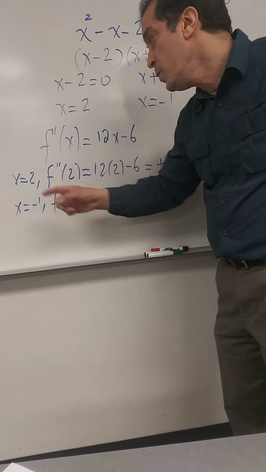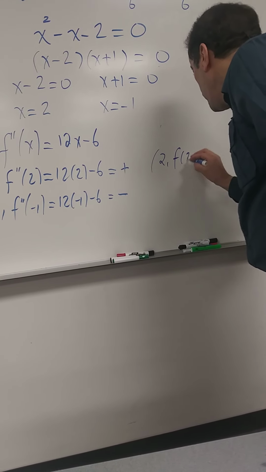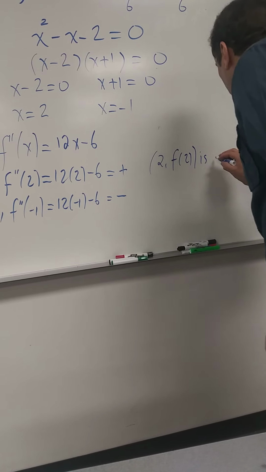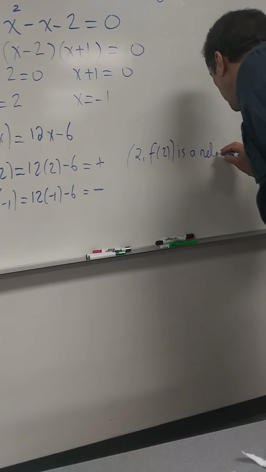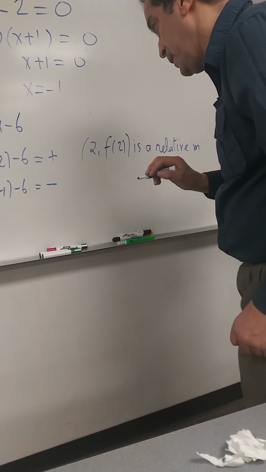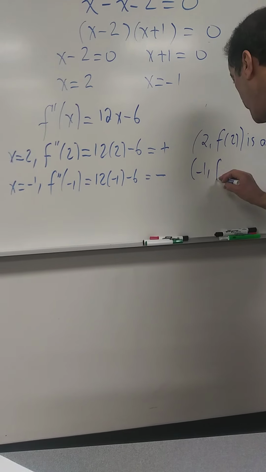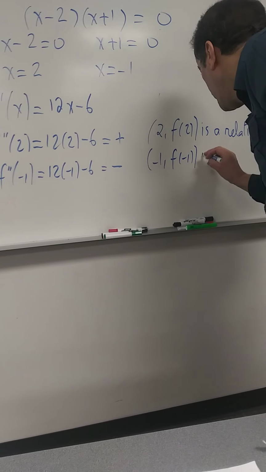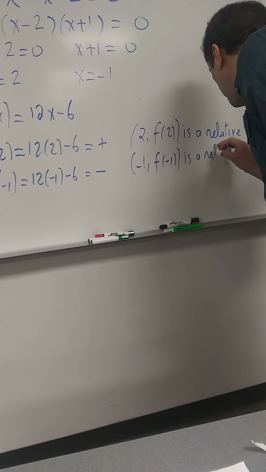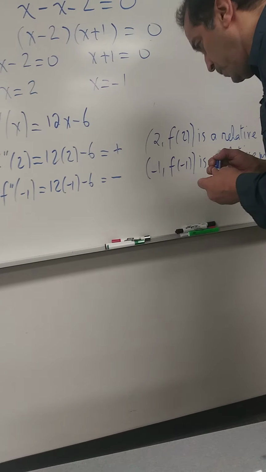So x equals 2, f of 2 is a relative m, I'll fill this in a minute. x equals negative 1, f of negative 1 is a relative m, and I'll fill this in a minute also.